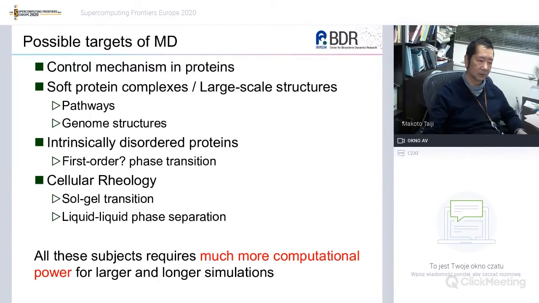In future, cellular rheology will be very important. And recently, liquid phase separation in the cell is very important in genome transcription control. So this kind of target is very important now and in future. All targets require much more computational power for longer and larger simulations.